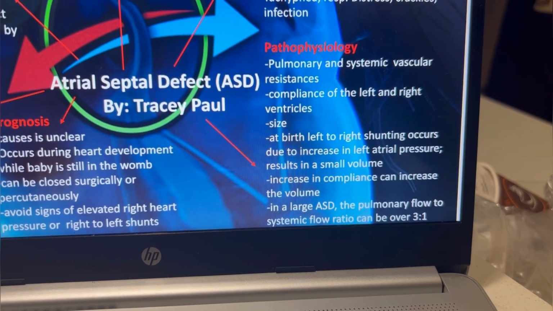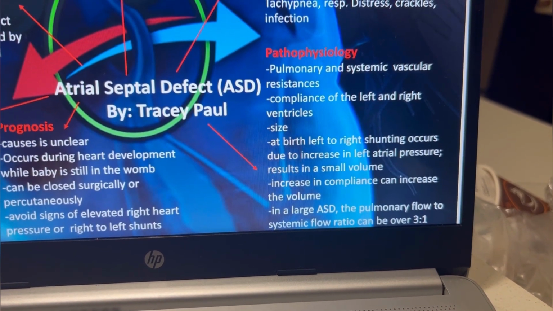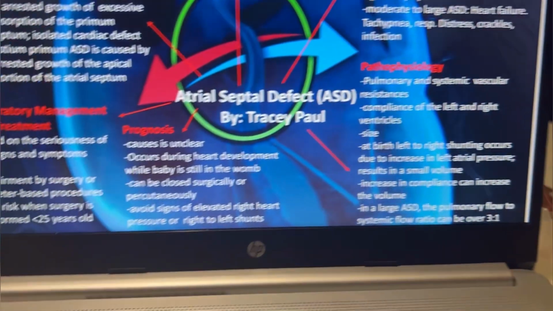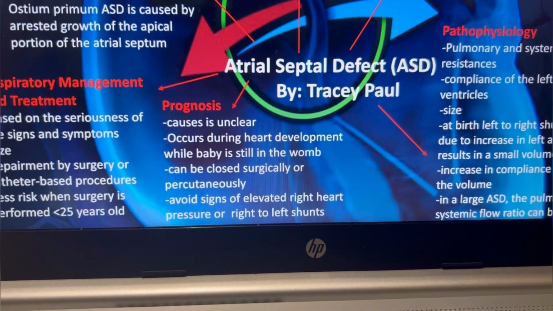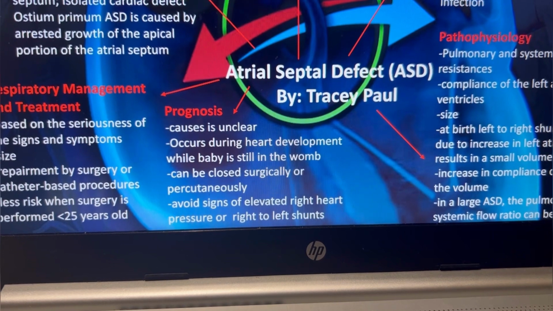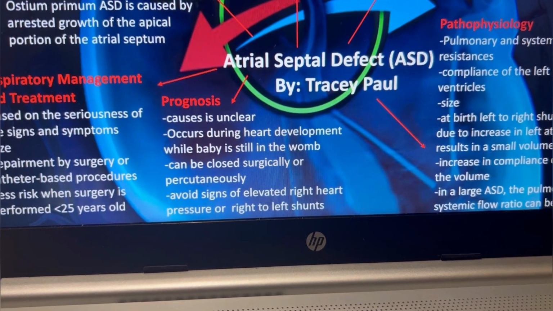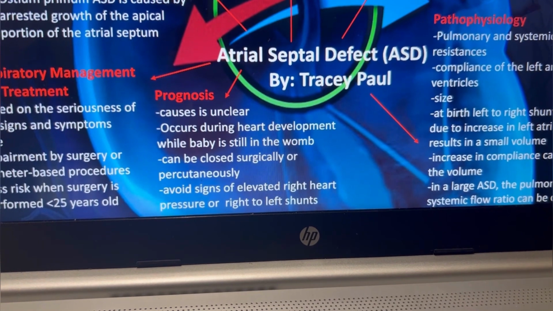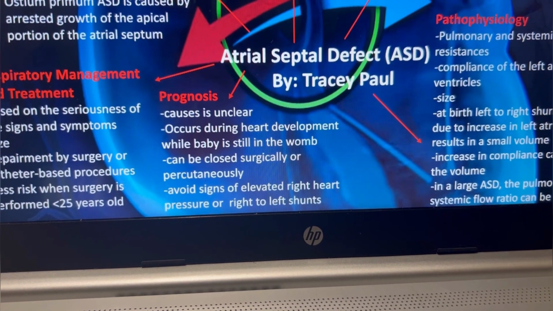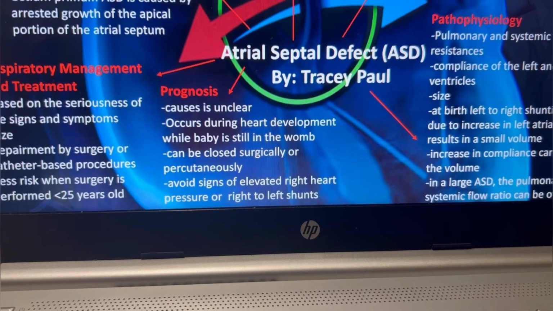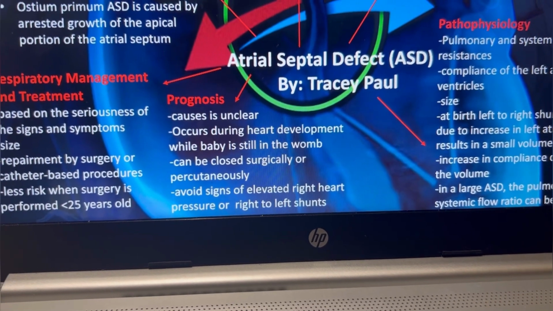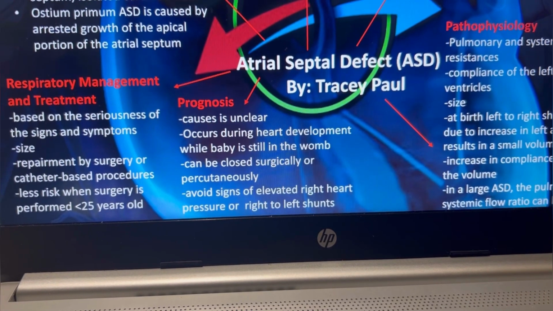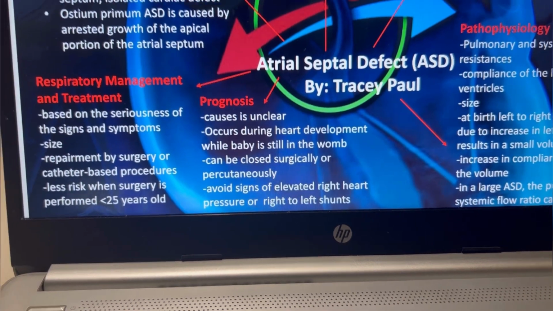In a large ASD, the pulmonary flow to systemic flow ratio can be over 3-to-1. Our prognosis, like I said, it's unclear how it's caused. It occurs during heart development while the baby's in the womb, can be closed surgically or percutaneously, and we want to avoid any signs of elevated right heart pressure or right to left shunts.